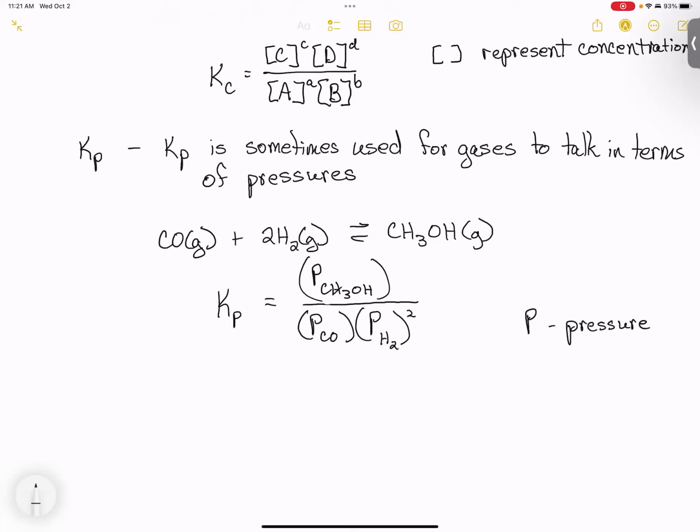We would calculate this the same way as we would calculate any other equilibrium constant, except we'd use pressures. So we're not changing how we're calculating the equilibrium constant. We're just changing what the unit is. Instead of molarity, we're talking pressure.